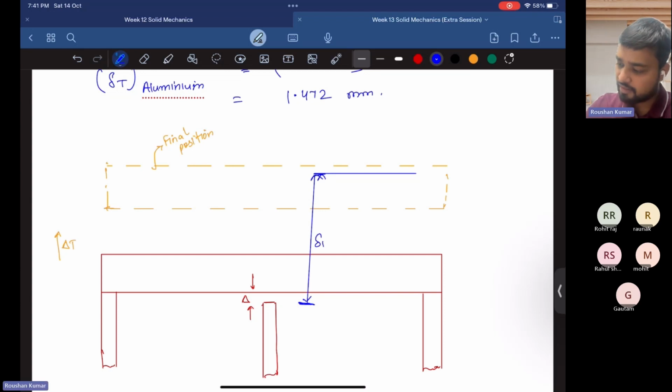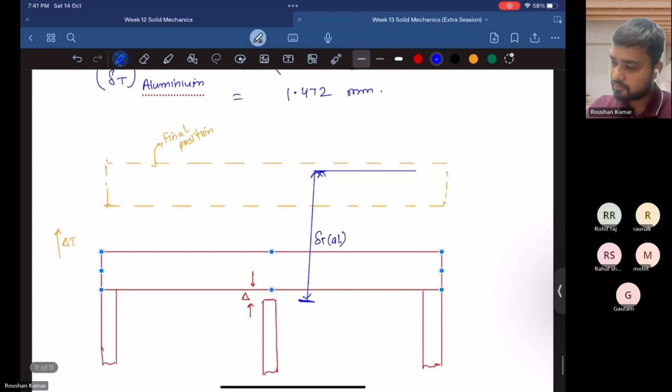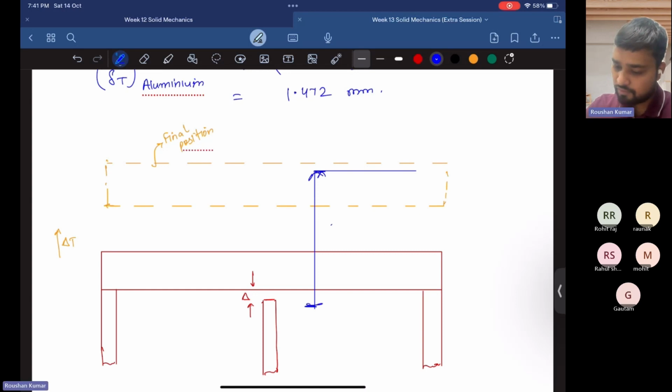That is nothing but delta T of the aluminum.